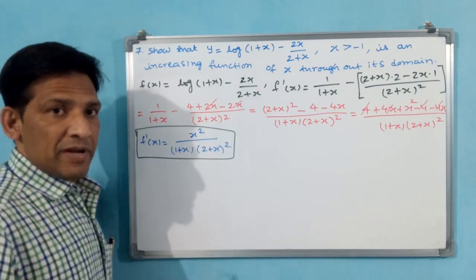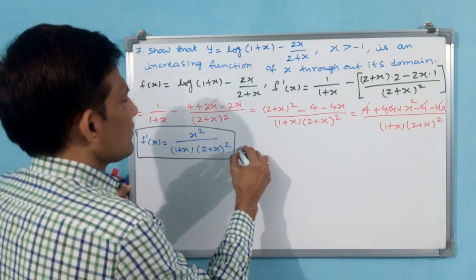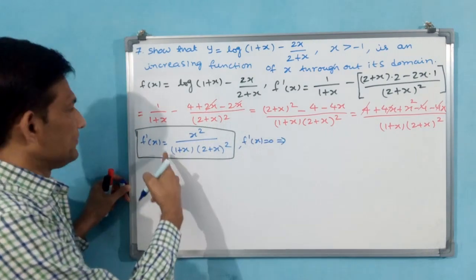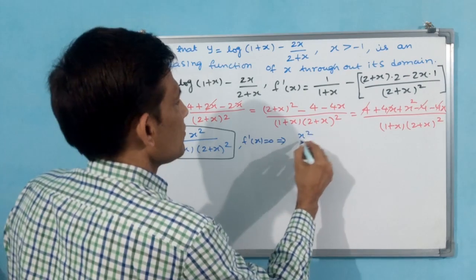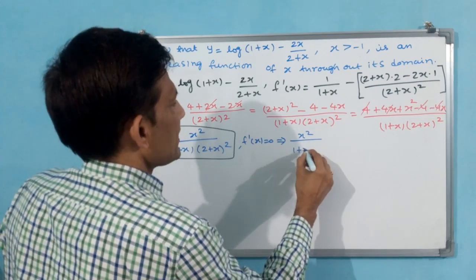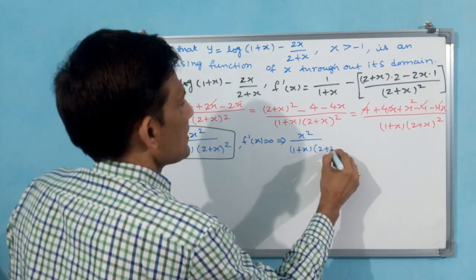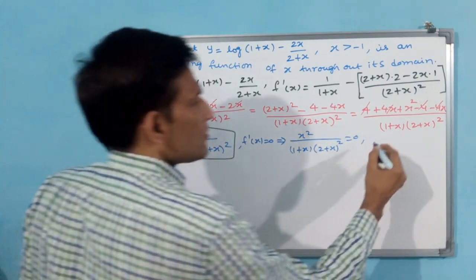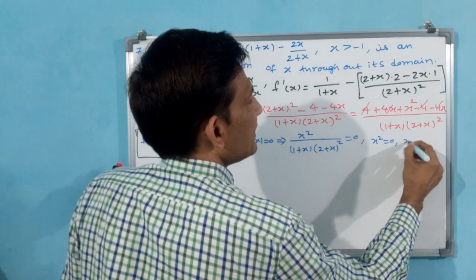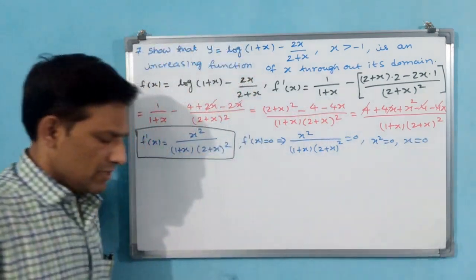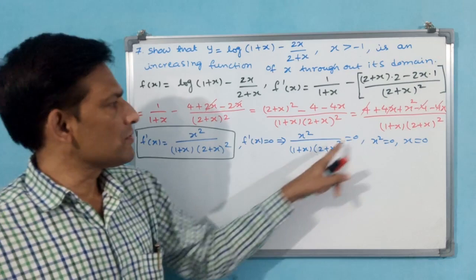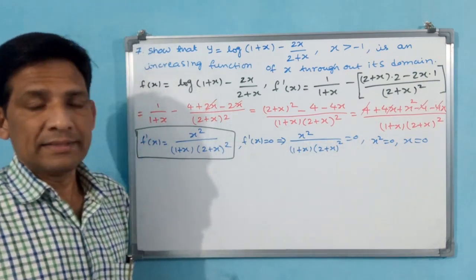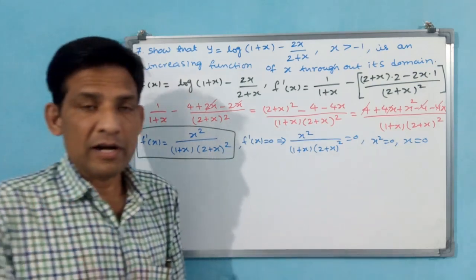For finding the interval, f dash x is equal to 0 you have to make. f dash x is equal to 0 implies x square by 1 plus x into 2 plus x whole square is equal to 0. Then x square is equal to 0, x is equal to 0. Unless x is 0, x square cannot be 0.